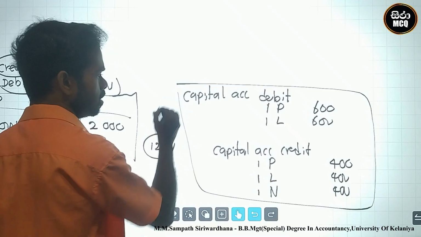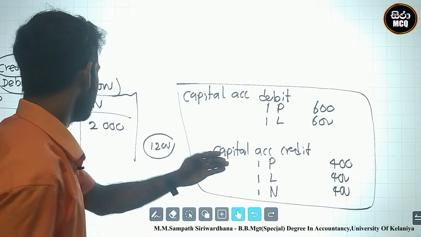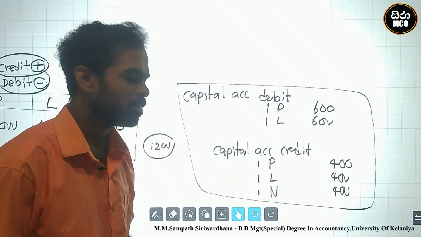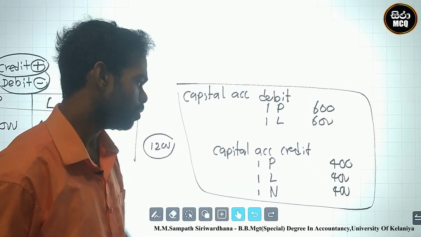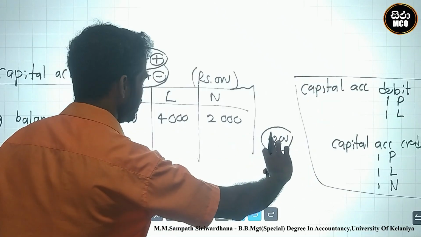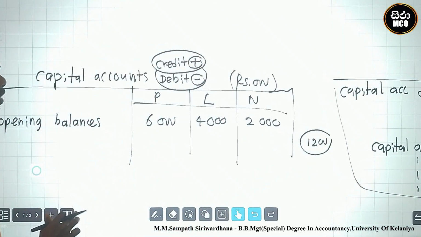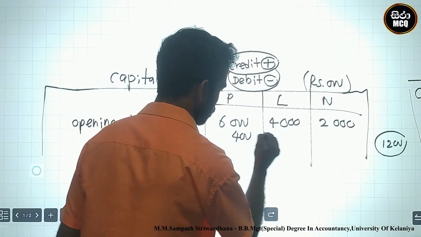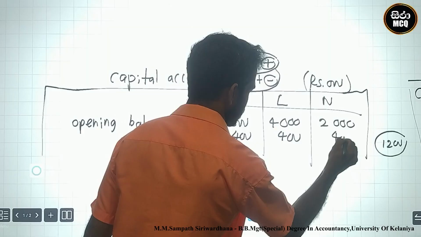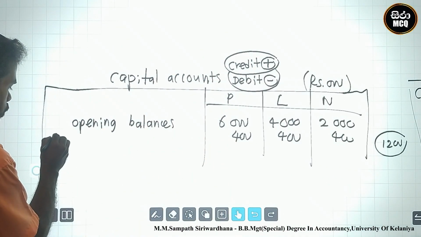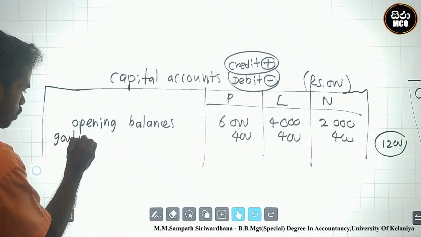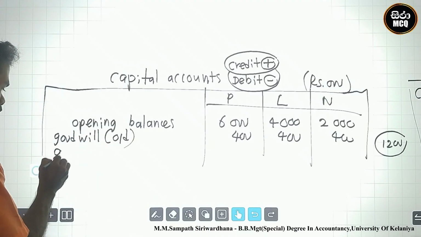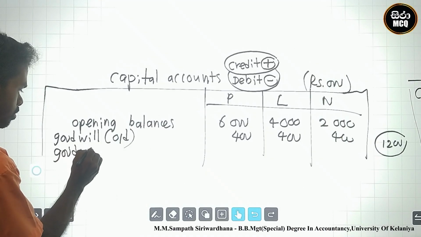Okay, let's see this impact. This should be added to this one. Look here, capital account credit, credit must be added 400 and 400 and 400. Therefore all credit must be added to capital accounts. Capital account 400 is a credit. This is the goodwill in old ratio. Again we must adjust goodwill.